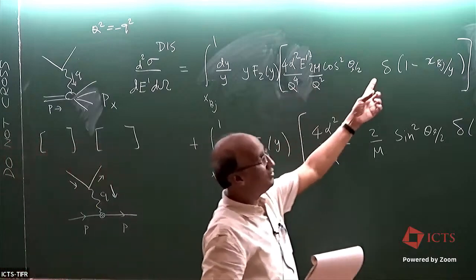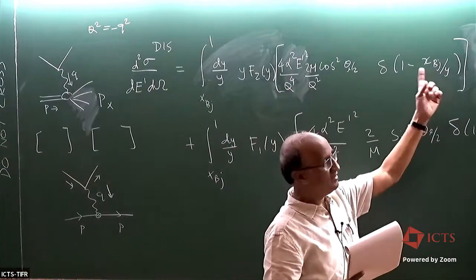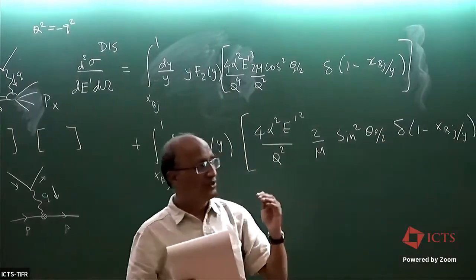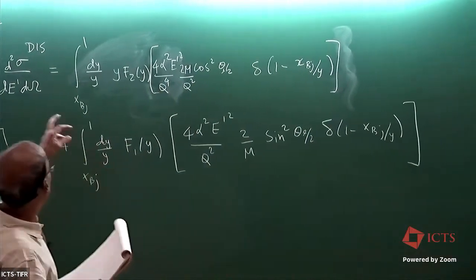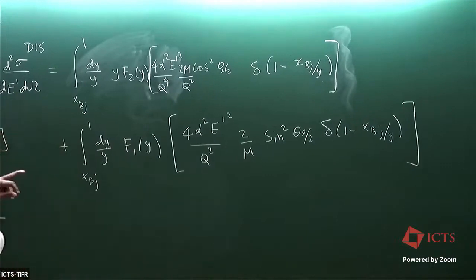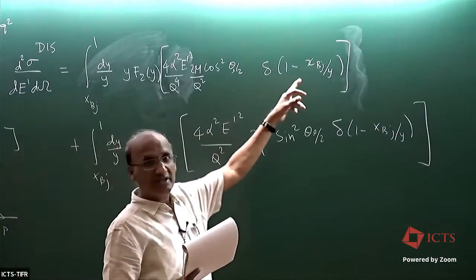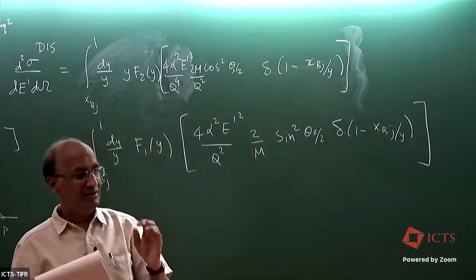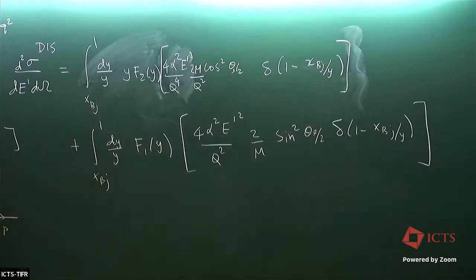Assuming that the proton is point-like, we could obtain a cross section which is proportional to a delta function. I emphasize that the cross section on a point-like object, if you are looking at the differential distribution, is proportional to a delta function. The delta function basically tells you the conservation of energy momentum.